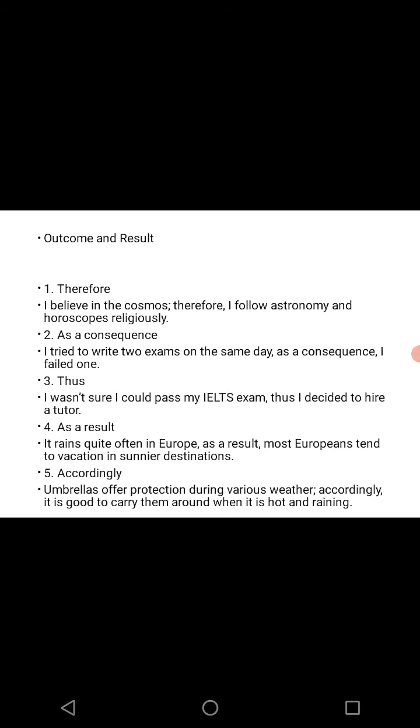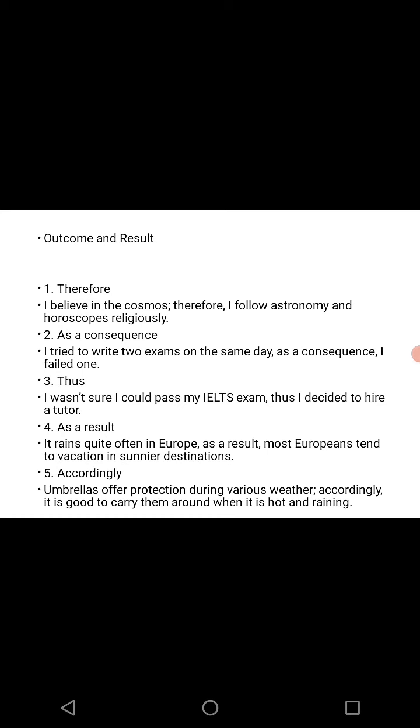For outcome and result, we use the following. First is therefore. Their example is: I believe in the cosmos, therefore I follow astronomy and horoscopes religiously. Second is as a consequence. Their example is: I tried to write two exams on the same day. As a consequence, I failed one.